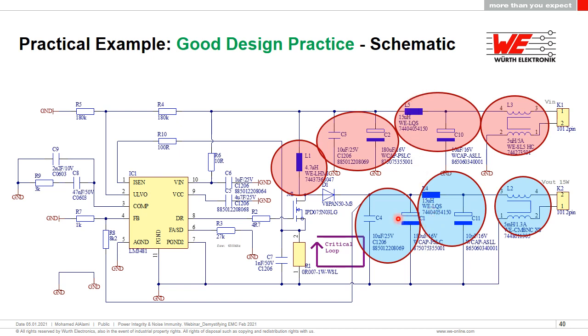What we have also done here is taken out that 470 microfarad aluminium electrolytic, and we have replaced it with a 180 microfarad polymer capacitor, in parallel with a 10 microfarad MLCC.